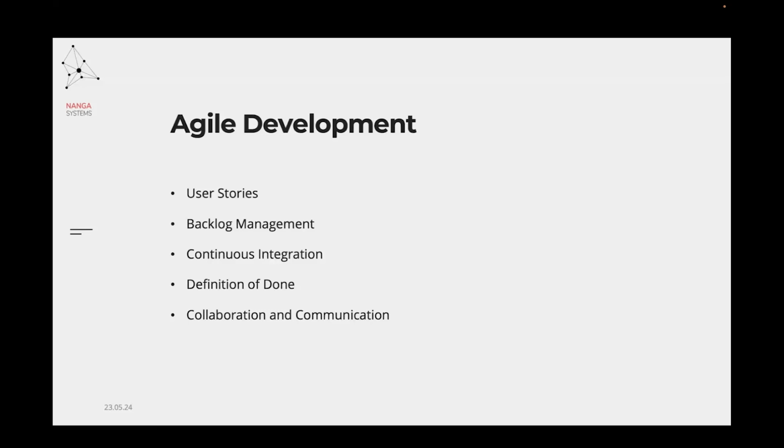INVEST means that the user stories are independent, negotiable, valuable, estimable, small, and testable. Then the next one on the list is backlog management, where we should maintain a well-organized product backlog.